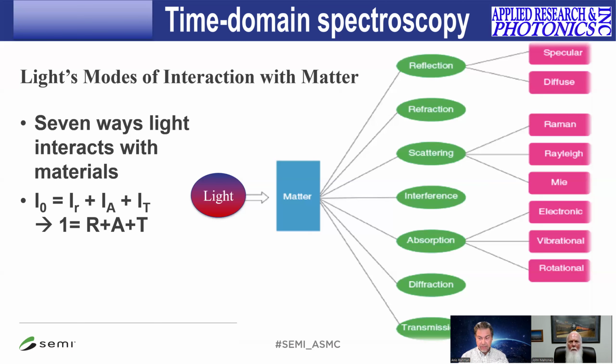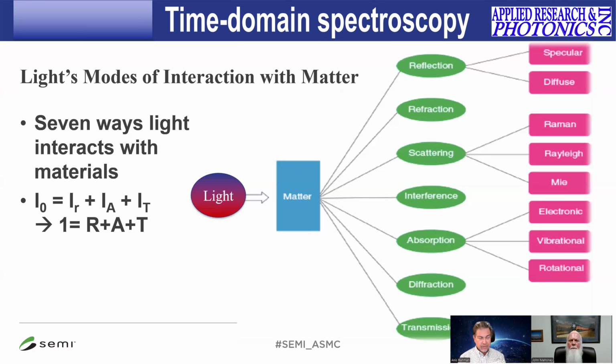A lot of times, not all of them are present in a given material. Primarily there is reflection, absorption, and transmission. So those 3 intensities: the incident intensity I sub 0 is the sum of 3 different ways that light will interact.